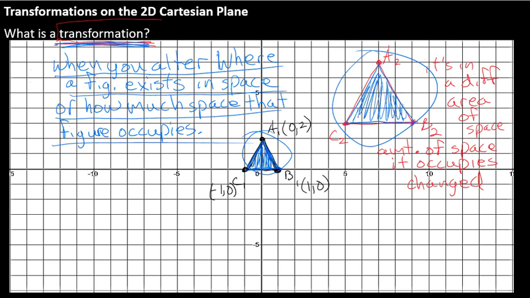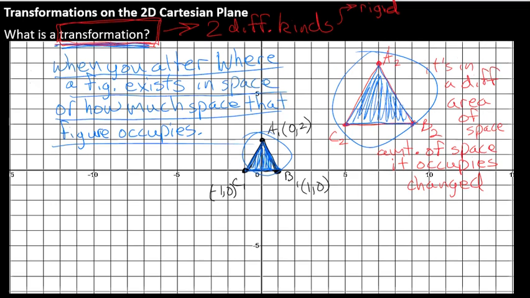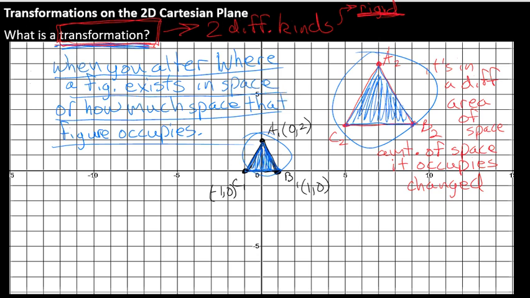There's one more thing about transformations that we ought to know, and that is that there are two different kinds: rigid transformations and non-rigid transformations.